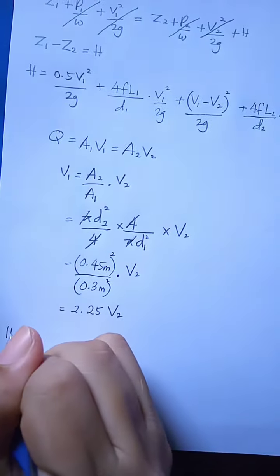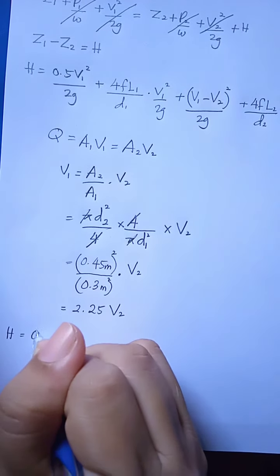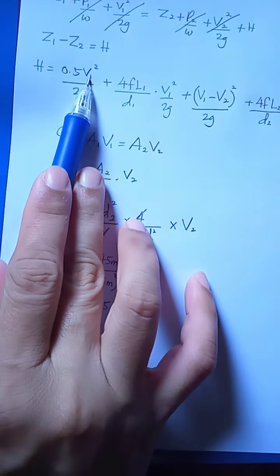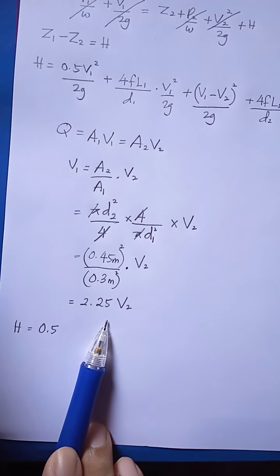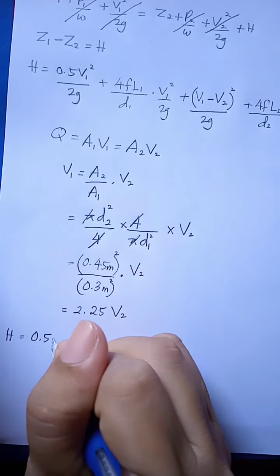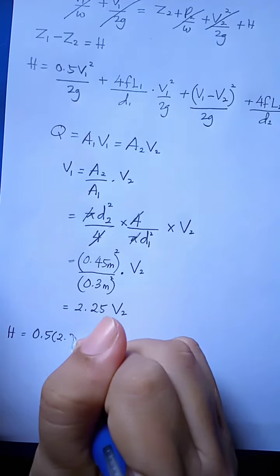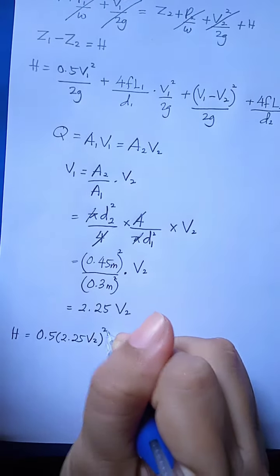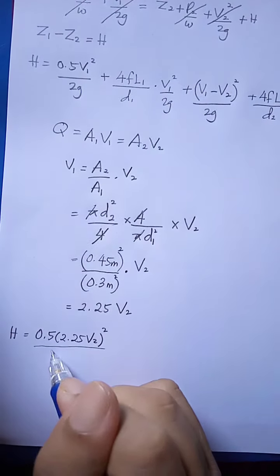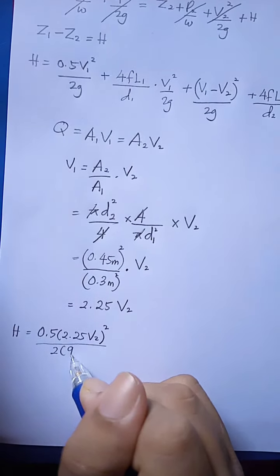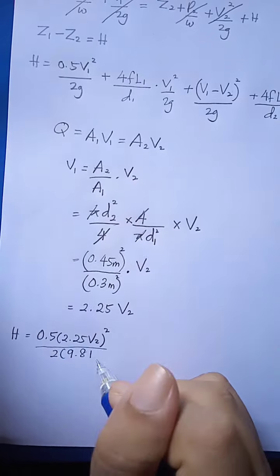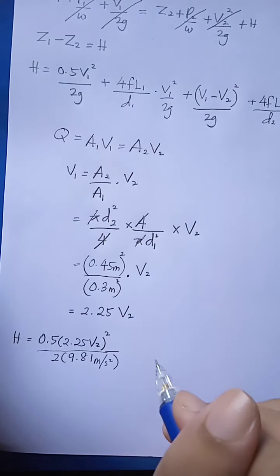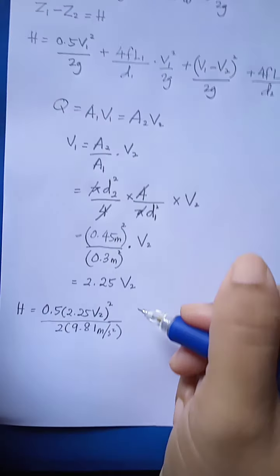So we have H is equal to 0.5. Change V1 here with this equation, so 0.5 times 2.25 V2 squared over 2 times 9.81 meter per second squared. This is for sharp entry.